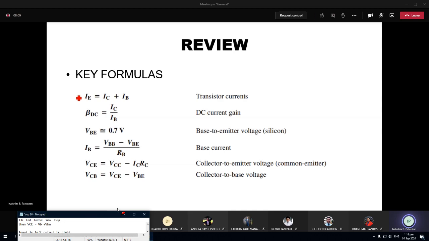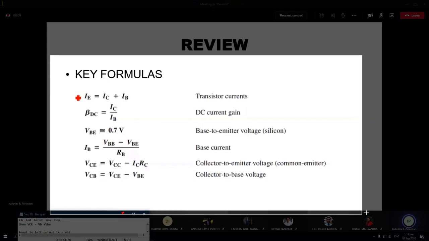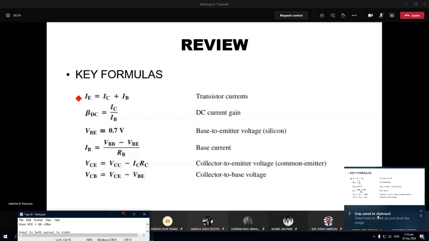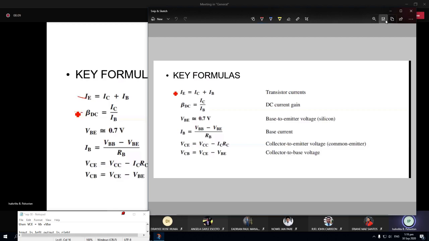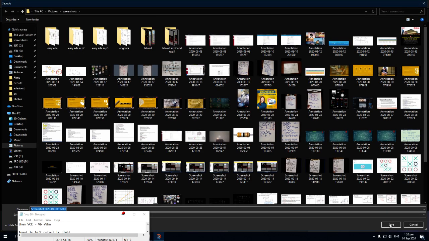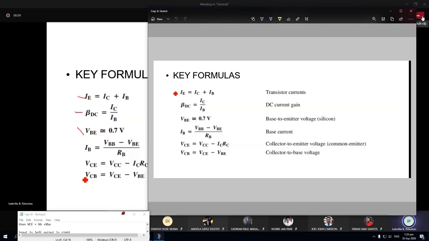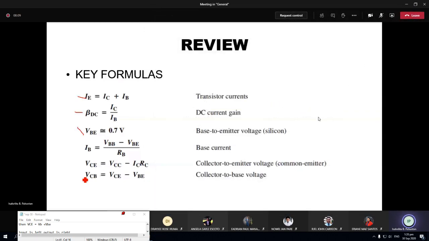Okay? Hindi kagaya nito, this one will not change, kahit NPN or PNP. Yung IB and VCE, that changes, depende sa circuit na meron ka. Okay?